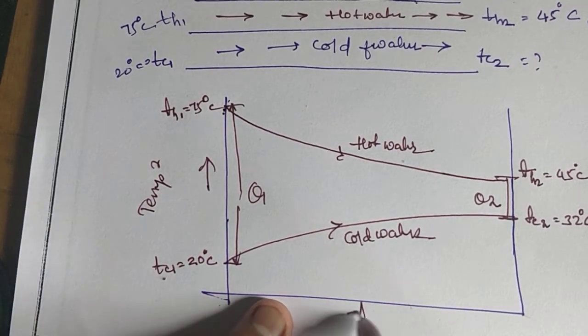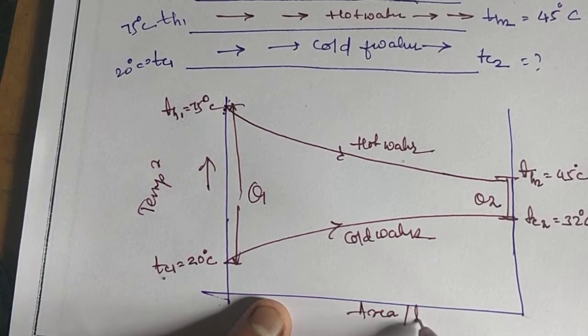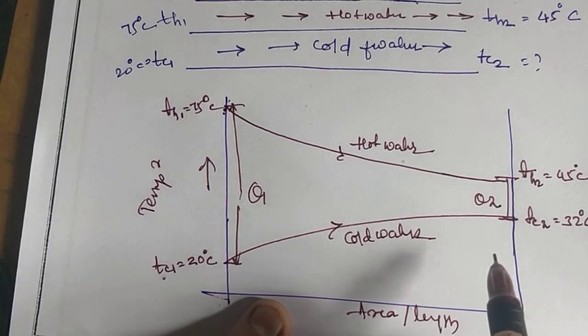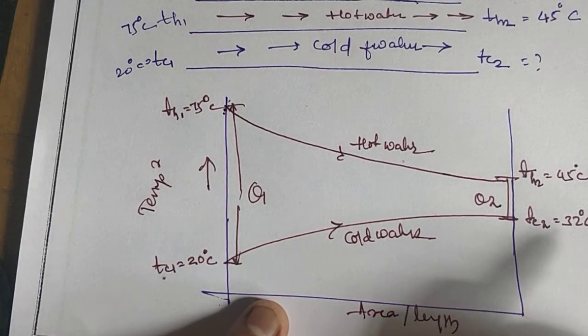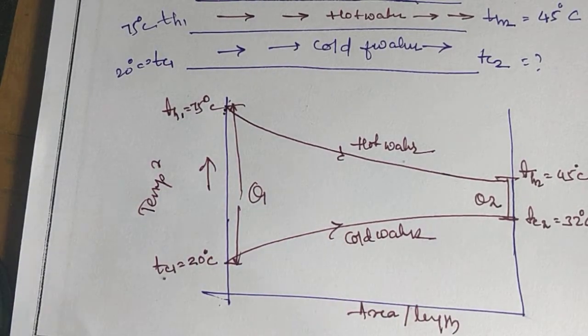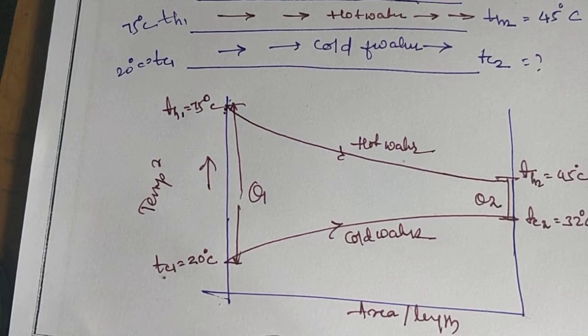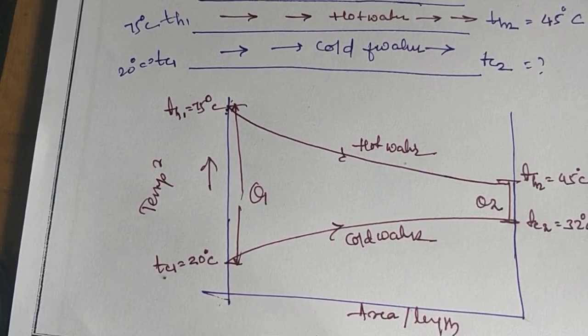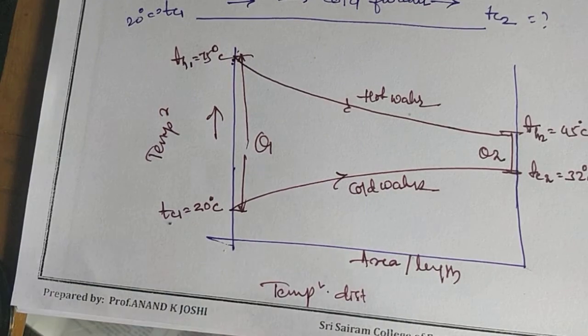This is the area or length of the heat exchanger. This is the temperature distribution.